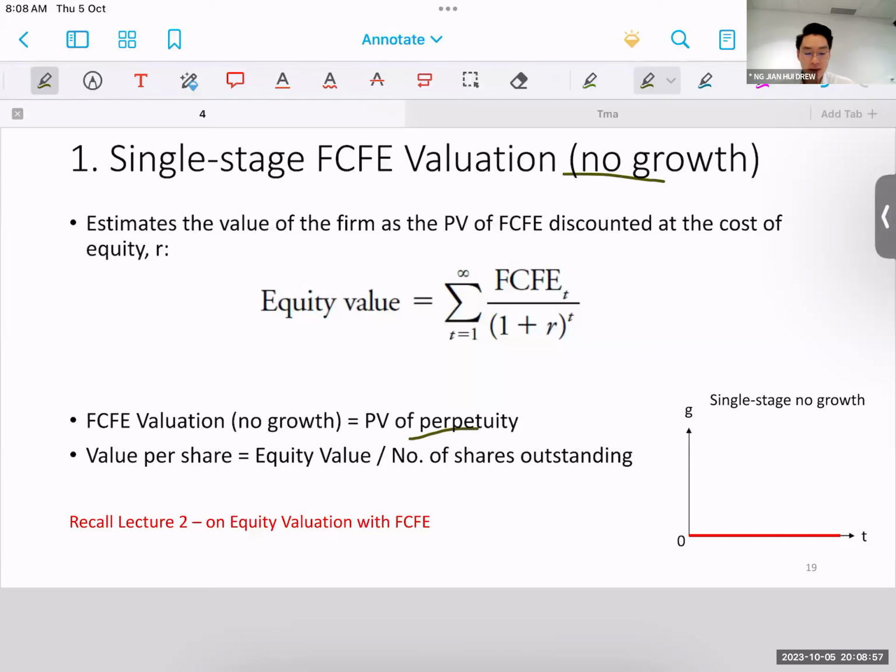PV of perpetuity given by this. Given that we are using FCFE, we can calculate the value of the equity straight away by just taking the value of equity divided by number of shares outstanding, right? Straight away we get the value, so we don't have to minus the market value of debt.